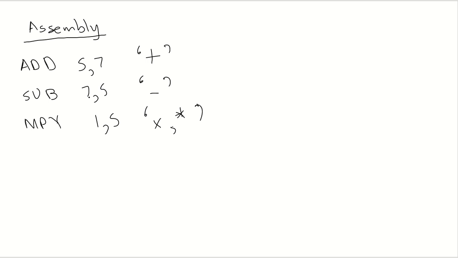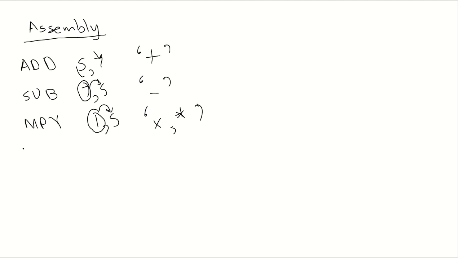So what you are asking the processor to do is: can you add 5 with 7, or can you subtract 5 from 7, or maybe can you multiply 1 with 5?